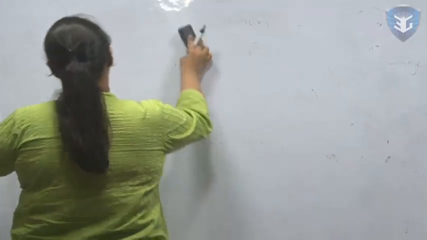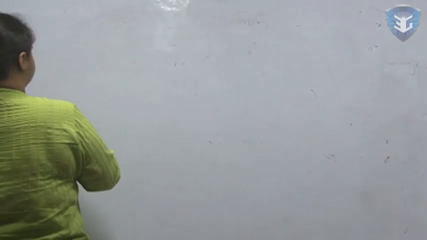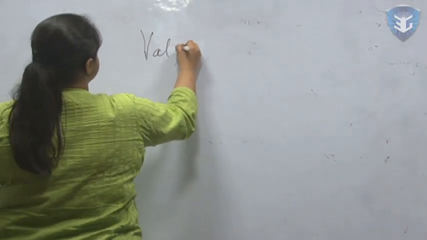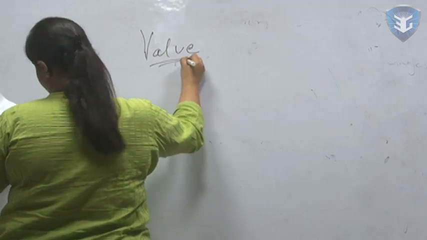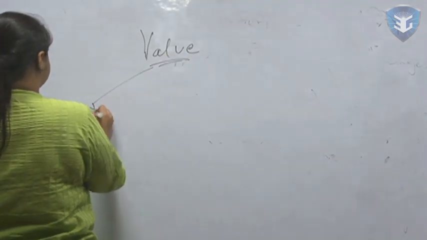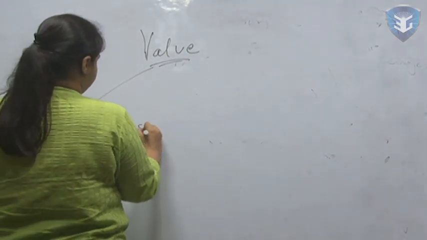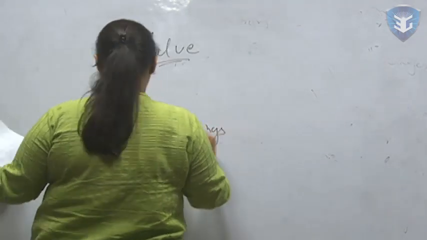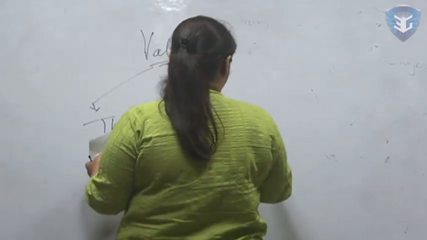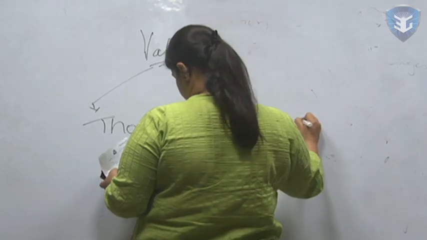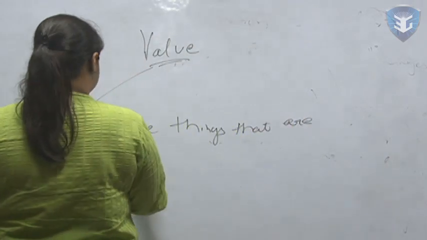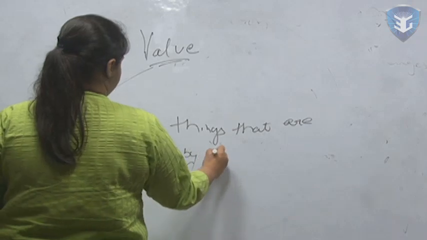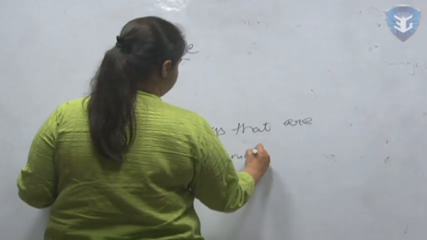The third important aspect after attitude, we call it values or value. It means those things that are valued by someone. Means how someone's value can be judged.